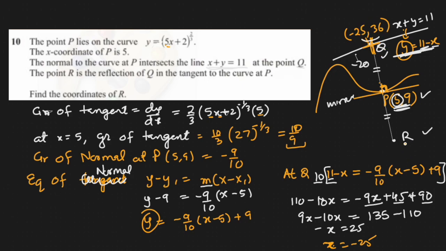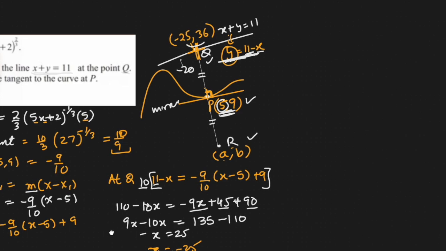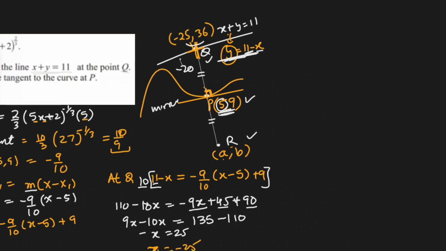Now we have to find the coordinates of R, right? So since (5, 9) is the midpoint of these two, that means 5 lies between a and minus 25. What is the formula for the midpoint between any two points?